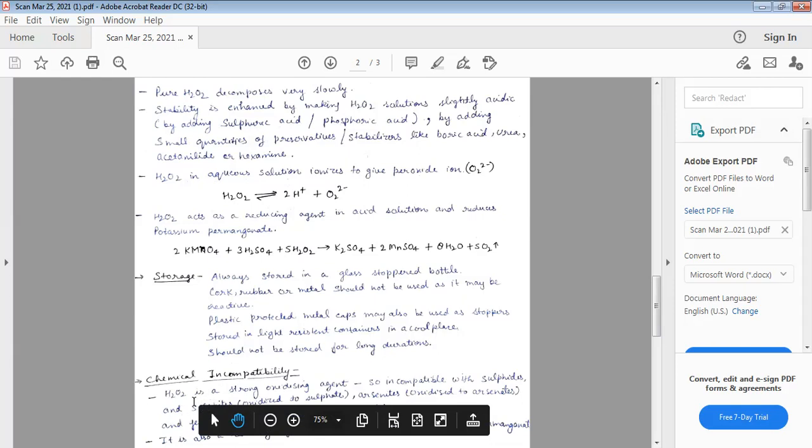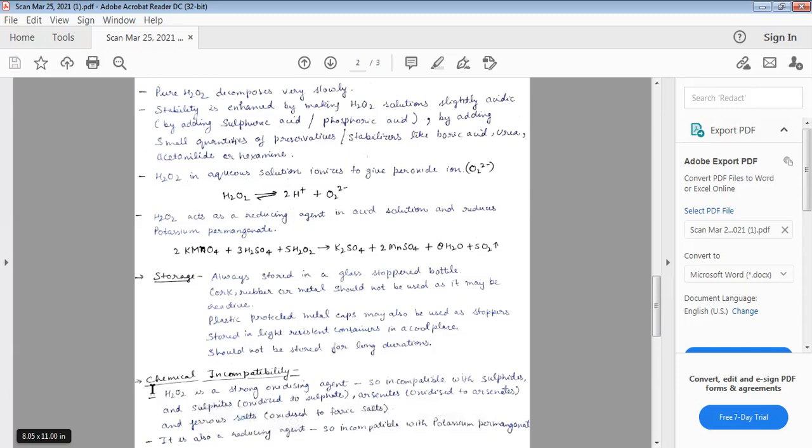Now we shall discuss the chemical incompatibility. Hydrogen peroxide is a strong oxidizing agent as well as a strong reducing agent. Because of its strong oxidizing property, it is incompatible with sulfides, because these are oxidized to sulfate.